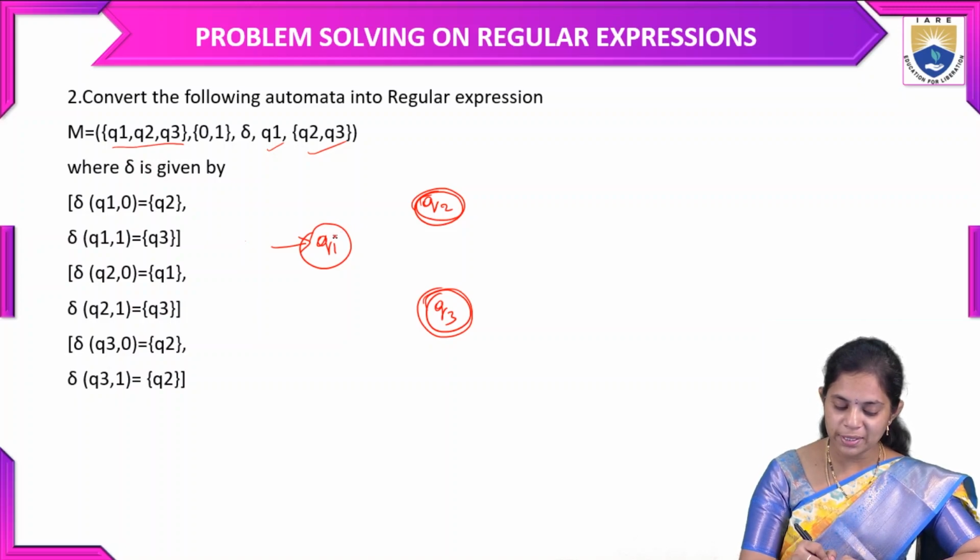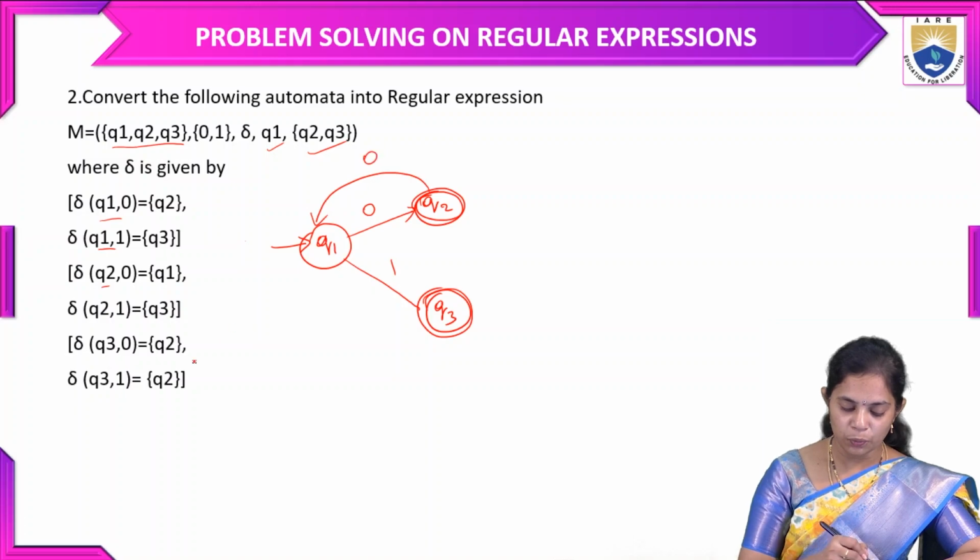From Q1 state, whenever we give 0 as an input symbol, it reaches the Q2 state. From Q1, input 1 reaches Q3. From Q2, whenever 0 is there, it reaches the state Q1.